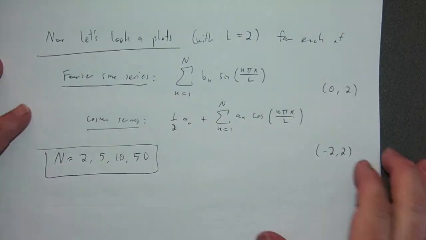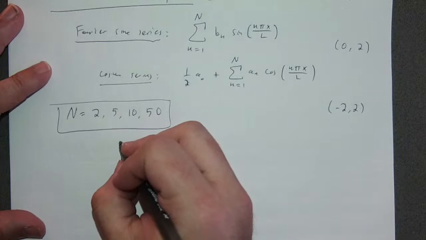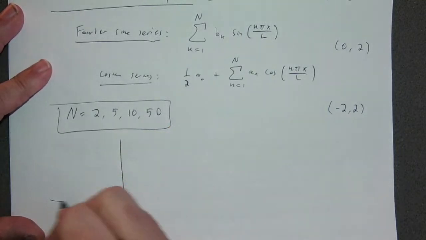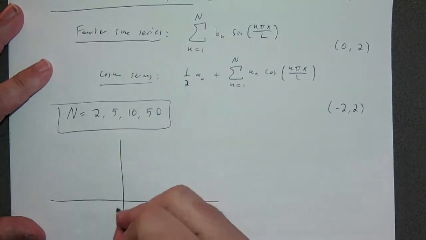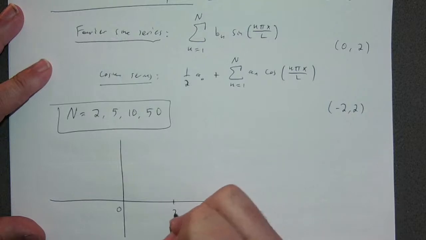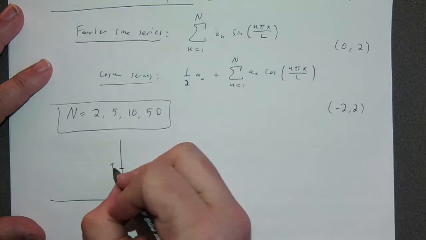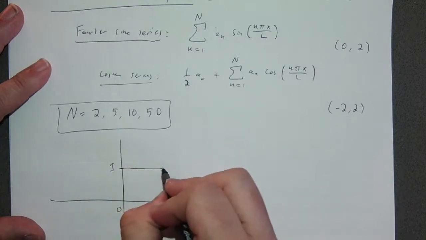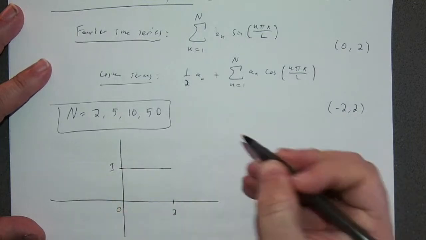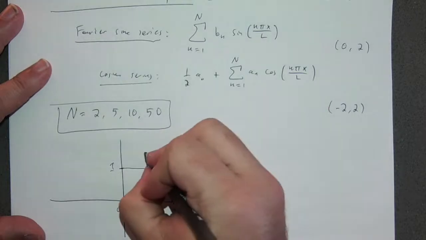So first of all, let's draw our function phi. Here's 0, we'll say here's 2, and if this is 1, here is our function phi on 0 to 2.